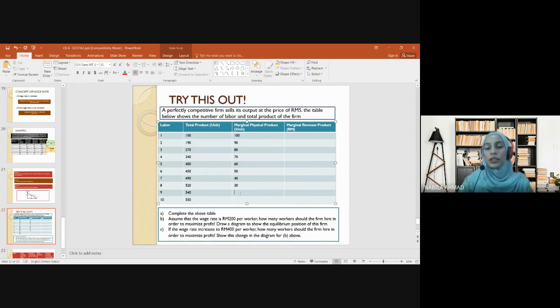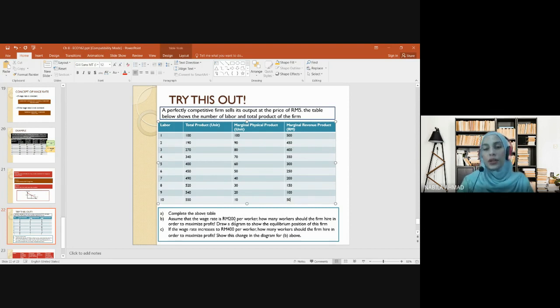Dia macam marginal product tu lah. Okay, marginal revenue product. Marginal physical product darab dengan price. So 500, 450, 400, 350, 300, 250, 200, 150, 100 and 50.